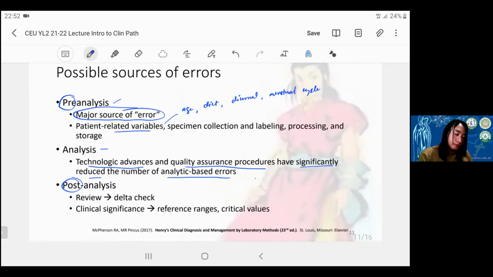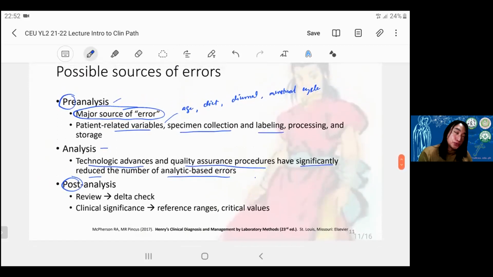Another consideration would be the specimen collection. How was the specimen collected? Was it properly collected? Because if it wasn't, then this is another possible source of error. Was there mislabeling? There might be switching of the specimen. The blood of another patient might have been mislabeled. So this would be another source of error, and a lawsuit may be filed by the patient because of that. How was the specimen processed?